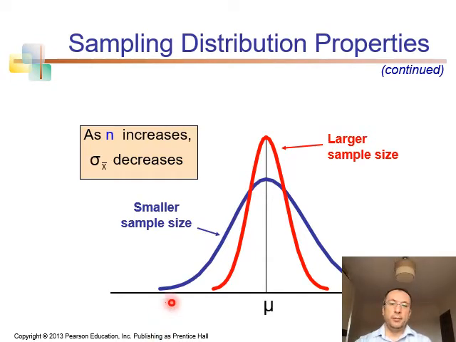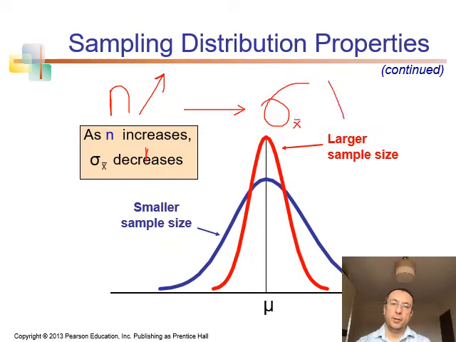The idea is, if you have a smaller sample size, you will have a larger standard deviation. If you have a larger sample size, you will have a smaller standard deviation. So let's say n is the sample size. If that number goes up, the standard deviation of the sample mean will go down.